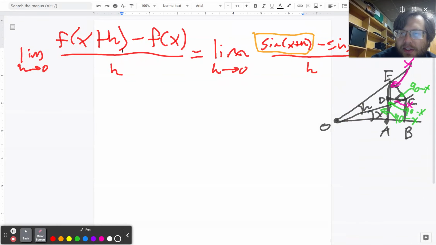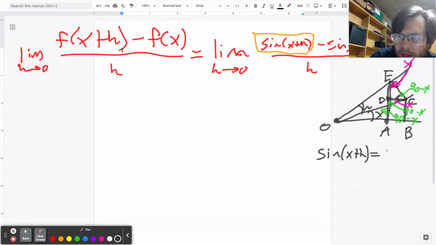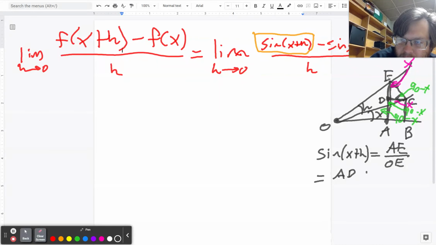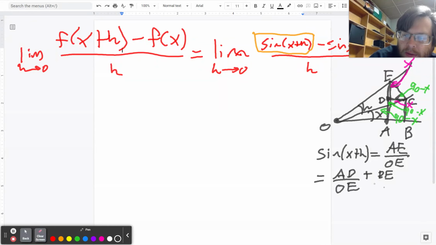First thing I know is that sine is just opposite over hypotenuse. So sine of x plus h is the opposite, AE, over the hypotenuse, OE. I can split that up to be two different pieces. AE is really AD plus DE, and I can split that up into two different fractions, both over OE. See how I did that?